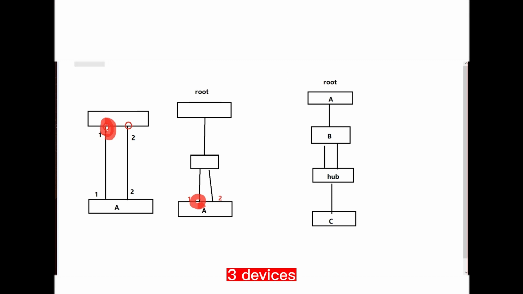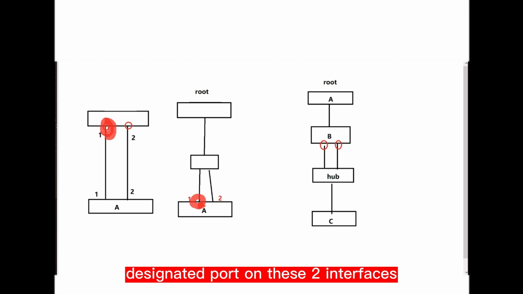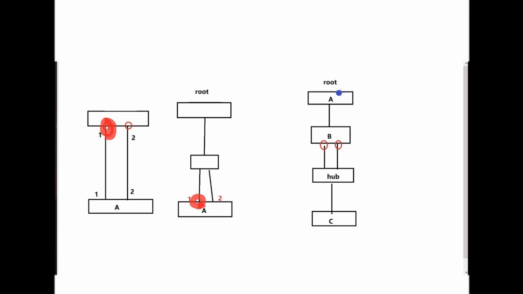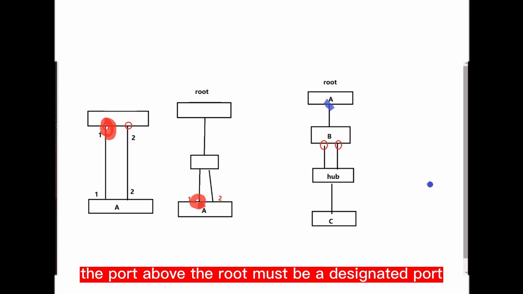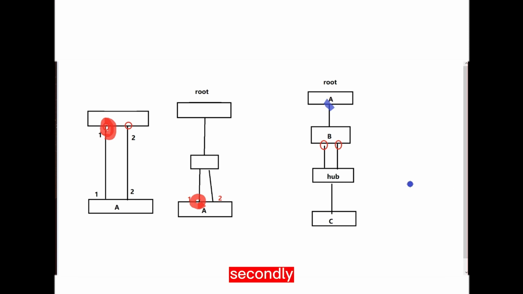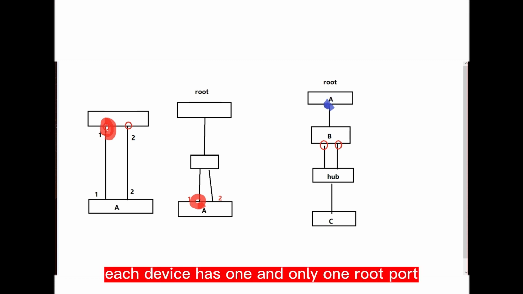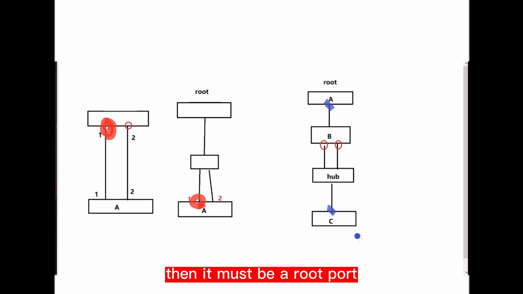With these three devices, I now want to select the designated port on these two interfaces. Let's analyze the ports first. Are there any ports that we can determine by looking at the picture? First of all, the port on the root must be a designated port. Secondly, device C has only one port, and each device has one and only one root port, so it must be a root port.